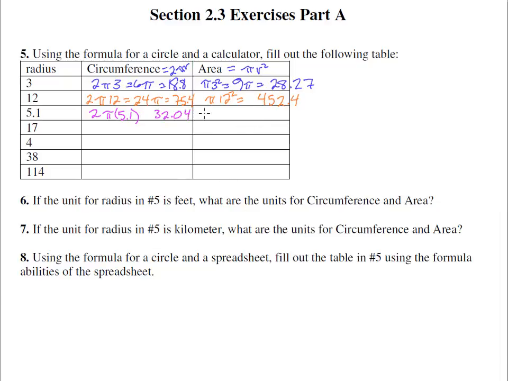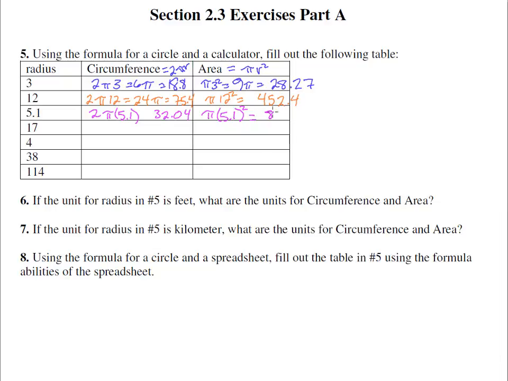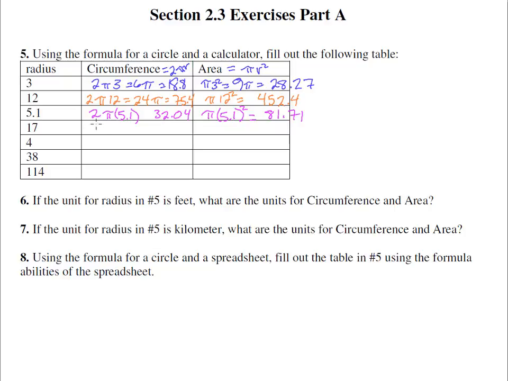And the area, pi times 5.1 to the second power, is going to equal 81.71. Let's go ahead and check those two answers, 32.04 and 81.71. Excellent.